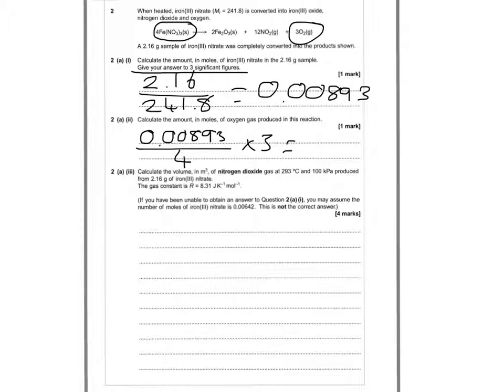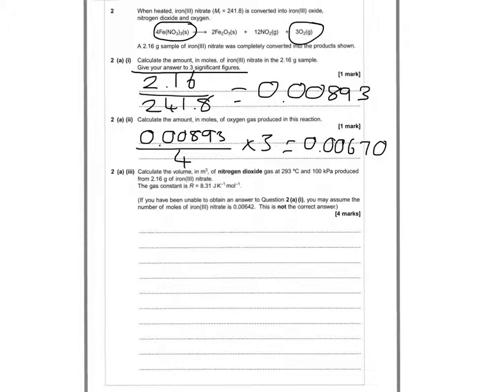Okay, in the mark scheme it says times it by 0.75, that's exactly the same thing. You should get, when you divide it by 4 and times it by 3, approximately 0.00669 or 670. They're not too fussed about the precision there because they've penalised precision in the previous question, but it should be around that.